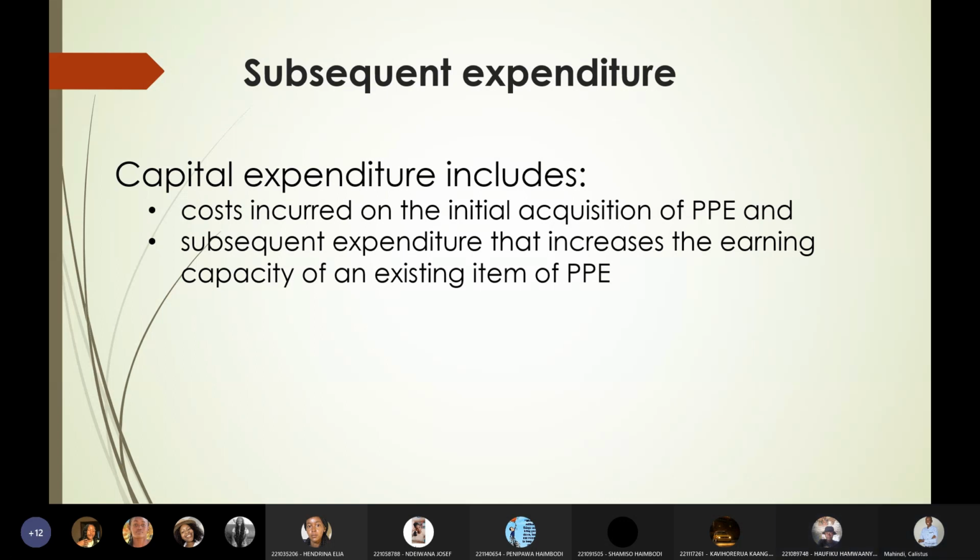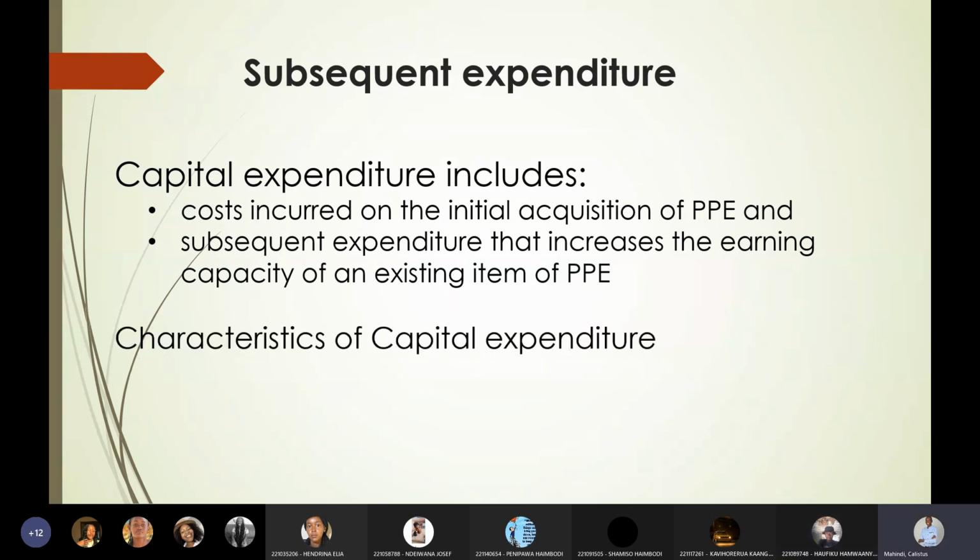That additional extension or floor that you've added to the building will give you future economic benefits, and any cost that you have incurred, so the cost of constructing the additional floor, must be added to the original cost price of that flat, to the carrying amount, all right? Because it's going to give you additional benefits.